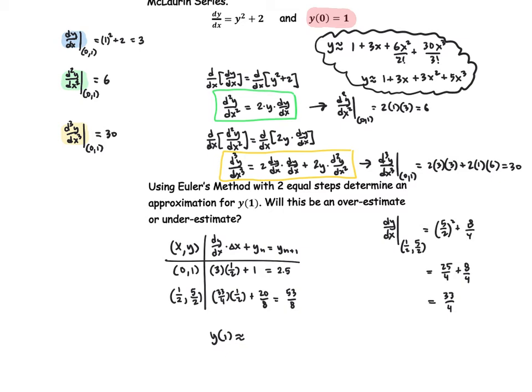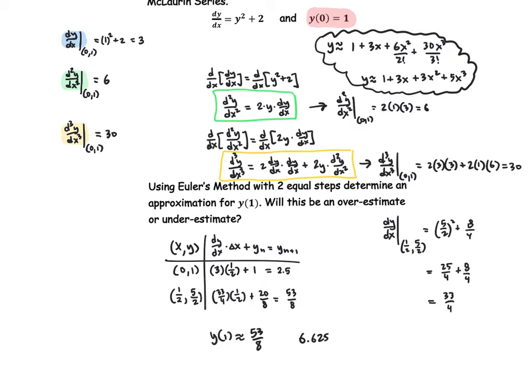So I'm saying that y of 1 is approximately 53 eighths. Now you could do, I don't know what that would be as a decimal to 3 sig figs. But let's see, 48. So I think that would be 6.625, I think.